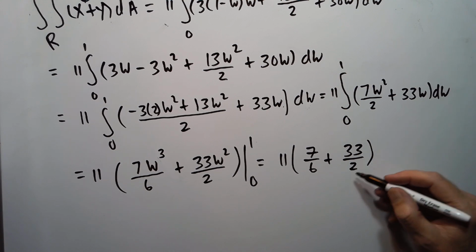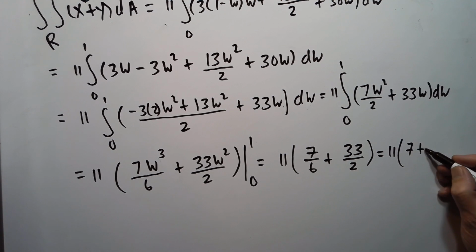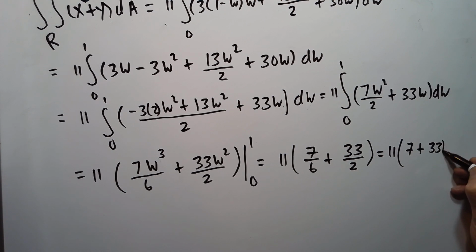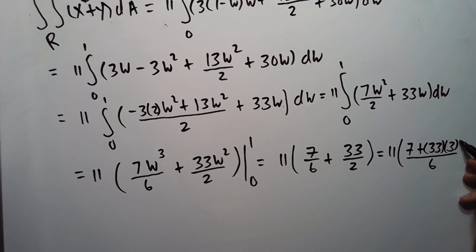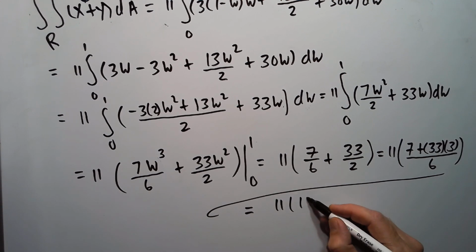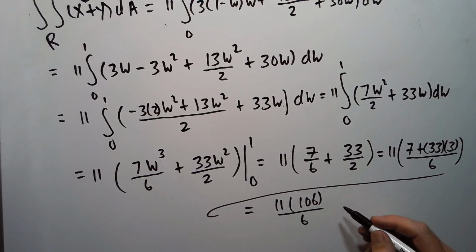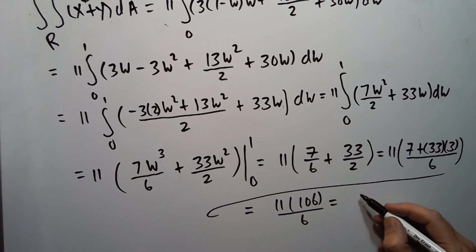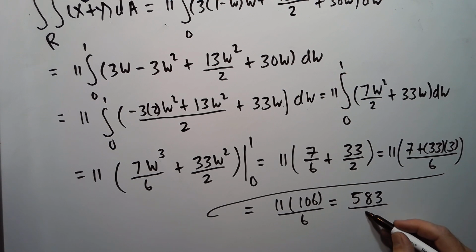So getting a common denominator, which would be 6 here, so it would be 11 times 7 plus 33 times 3 over 6, which is 99, plus 7, it'd be 106, so it'd be then 11 times 106 over 6, and that's going to reduce to, I'll let you check if you multiply this out and reduce it a bit, it's 583 over 3.